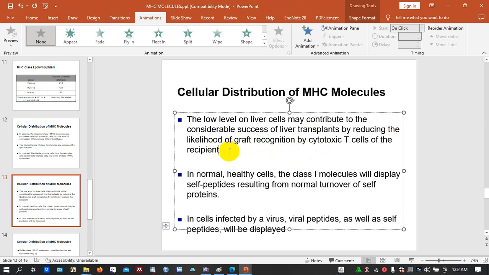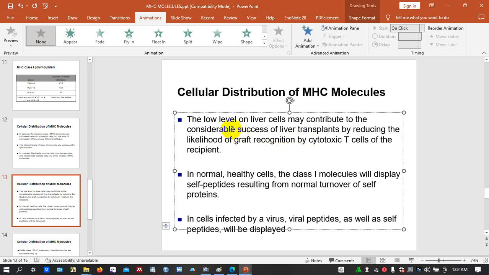I said that when the MHCs are different genetically, there is going to be host versus graft rejection. There's a high likelihood of the graft being rejected by the host because the donor and the recipient do not have the same genetic makeup, and they are not so close. So the tissue will be rejected.